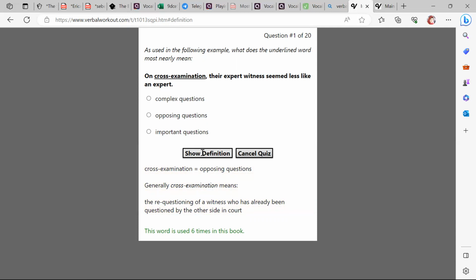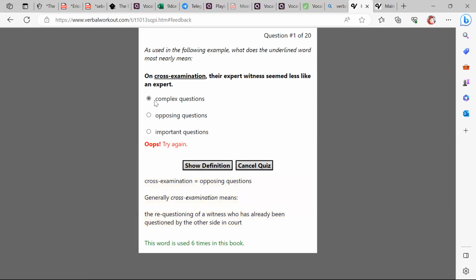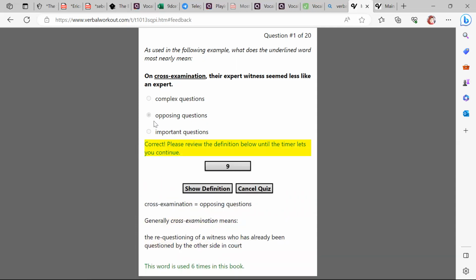And of course, if you don't want to show the definition, you can just try to choose any answer choice, and you will get this red warning if you choose the wrong answer. Then you try another one. You try another one, opposing.